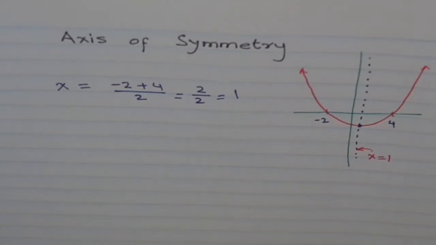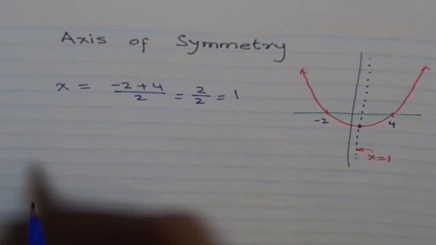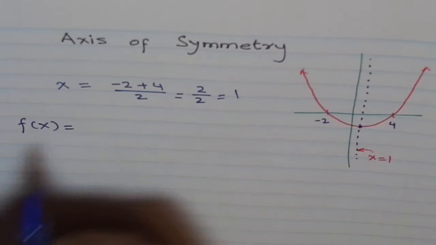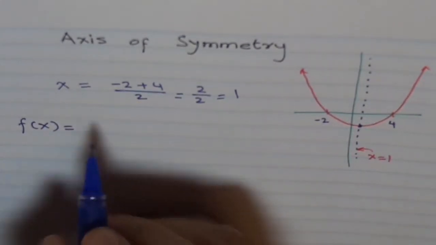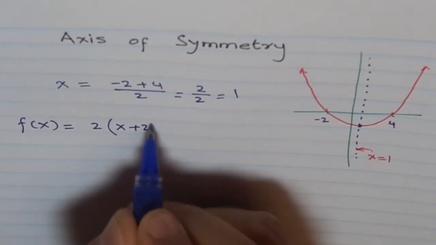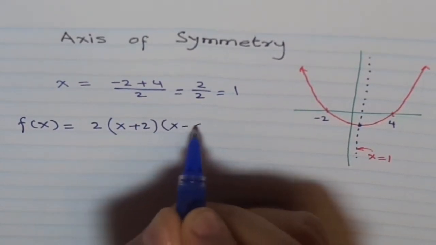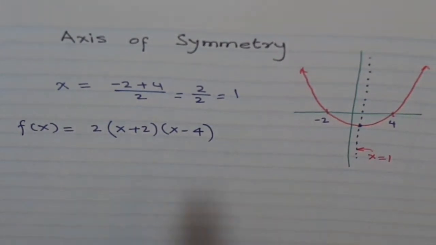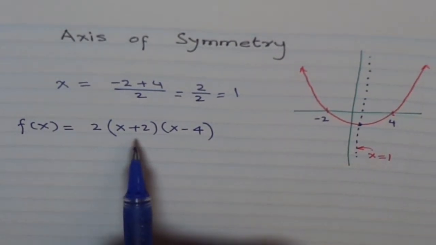Now let's do a problem. Now you've understood the concept, right? Let's say we have a problem saying that f(x) is equal to 2 times (x plus 2) times (x minus 4). Let's say we have this kind of a problem, right? Now here, what are the x-intercepts?